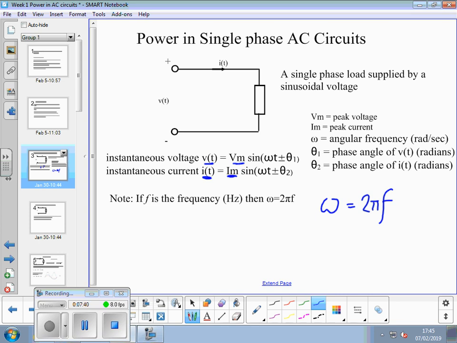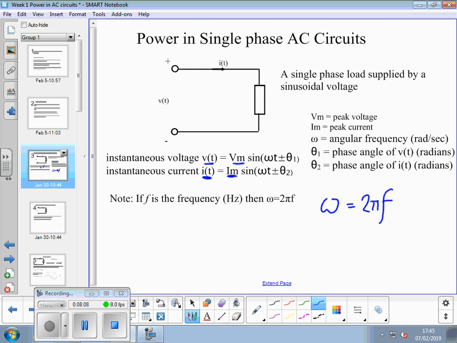So we can express an instantaneous voltage as the maximum voltage times the sine of omega t plus or minus a phase angle, if it's got a phase shift in it. And a current i at time t is the maximum current times the sine of omega t plus or minus omega 2, which could be a different angle.